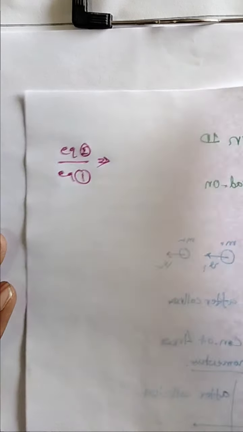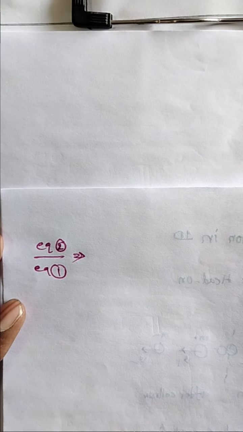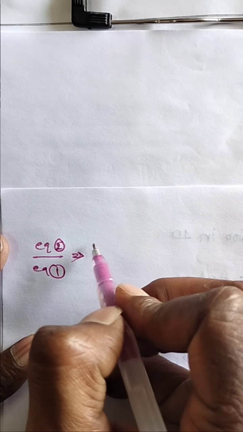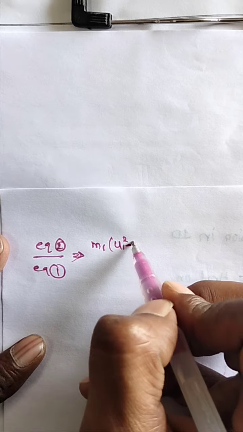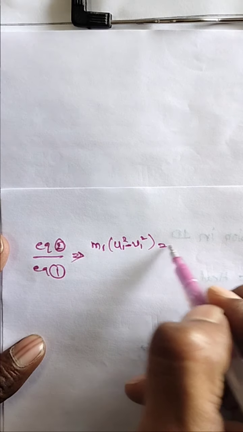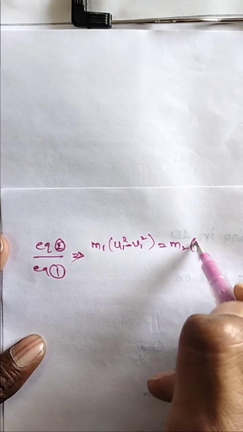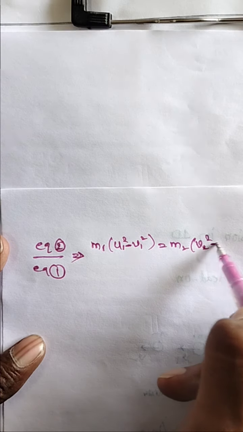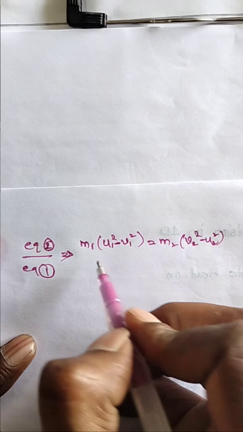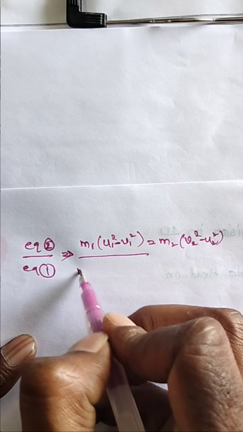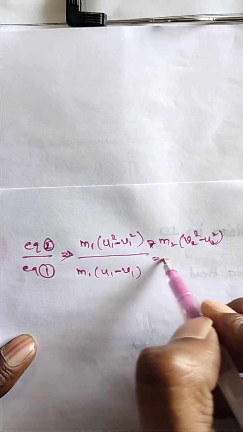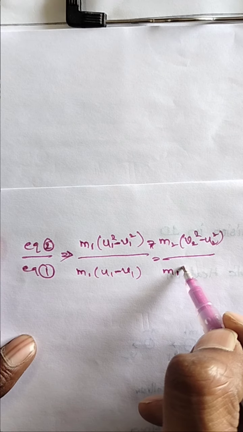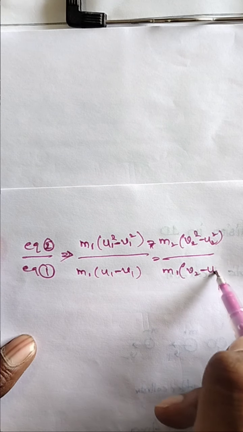What is equation 2? m1 (u1 square minus v1 square) is equal to m2 (v2 square minus u2 square). And what is equation 1? m1 (u1 minus v1) is equal to m2 (v2 minus u2).